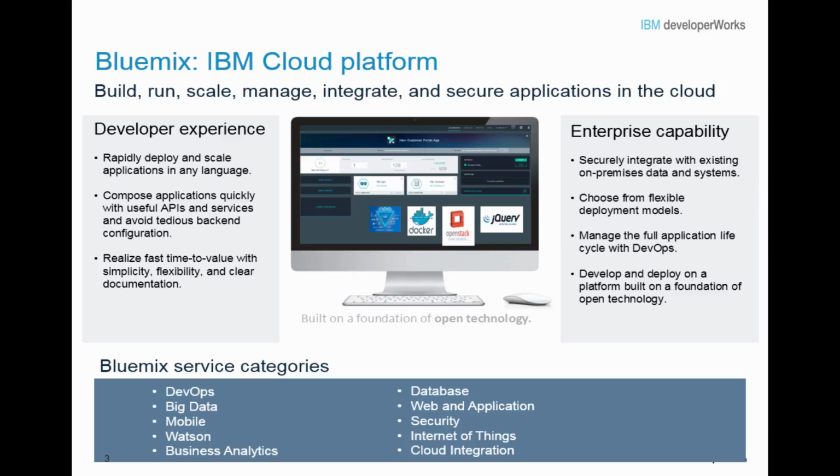Bluemix enables cloud deployments that fit your needs, whether you are a small business that plans to scale or a large enterprise that requires additional isolation. You can definitely develop in a cloud.